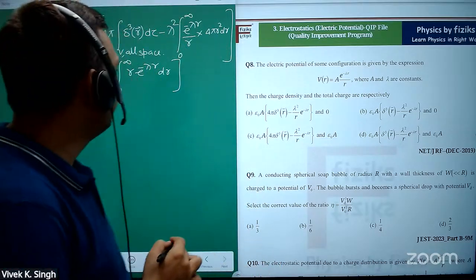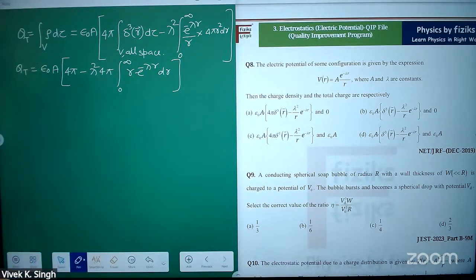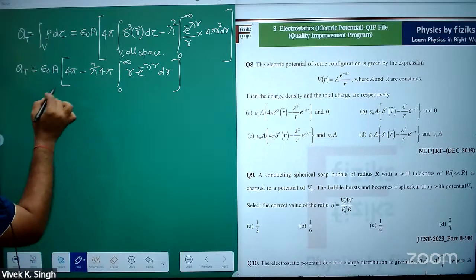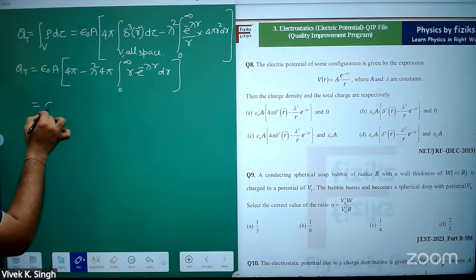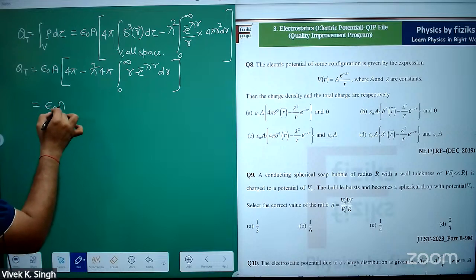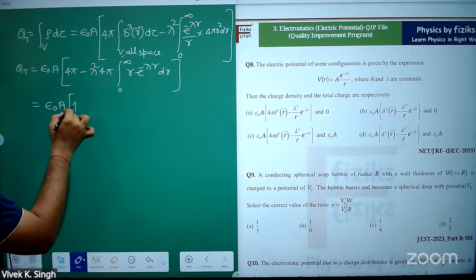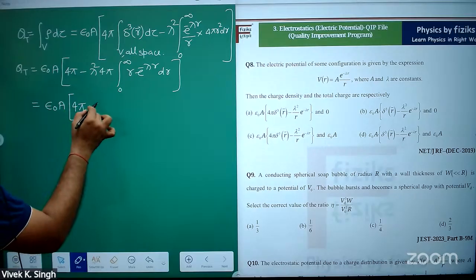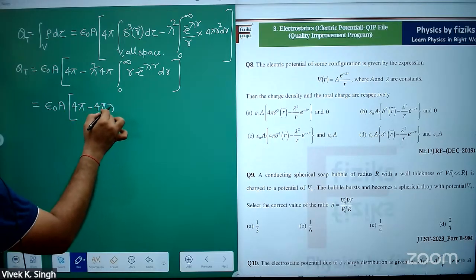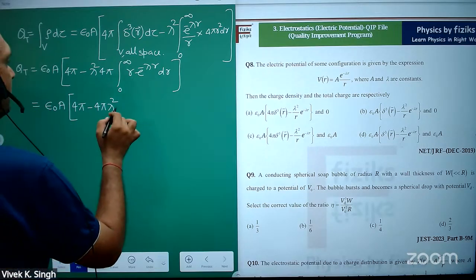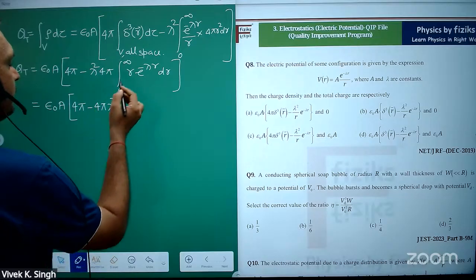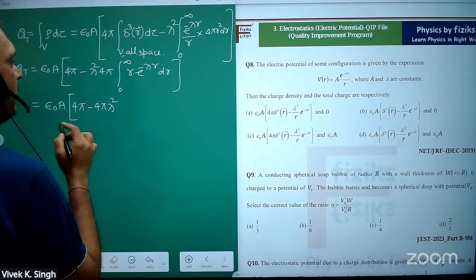Let's check this integral value. So this will be given by epsilon naught a, 4 pi, minus 4 pi lambda square, and what will be this integral?